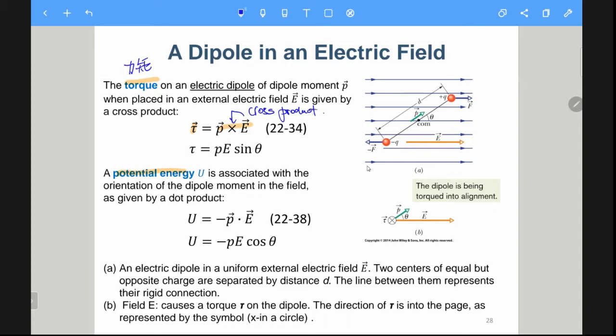We will learn much more about it in the second half of this semester, which is about the magnetic field. We will frequently use the cross product in that part. But for the electric field, we will seldom face this cross product. We usually use the dot product rather than the cross product in electrostatics.